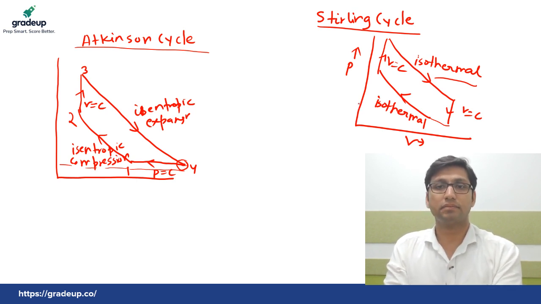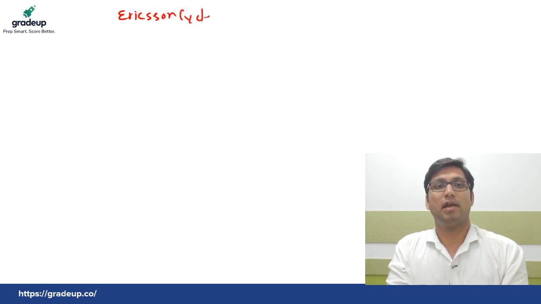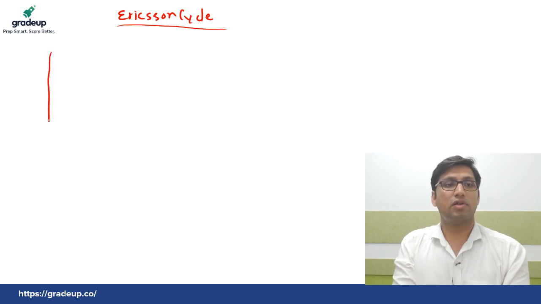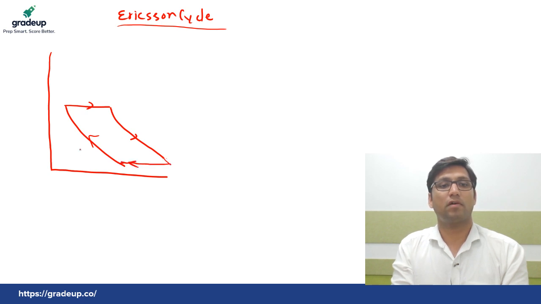And the next cycle is the Ericsson cycle. The Ericsson cycle is almost similar to the Brayton cycle, which is the gas turbine cycle. It consists of two isothermal processes and two constant pressure processes.